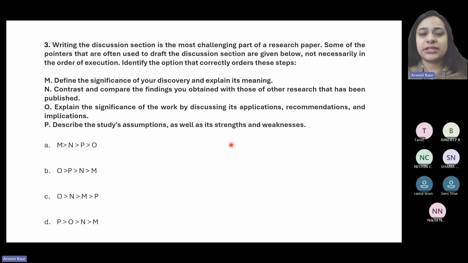So go through the question and pick out the correct order of these steps that have to be kept in mind while writing the discussion of a research paper.